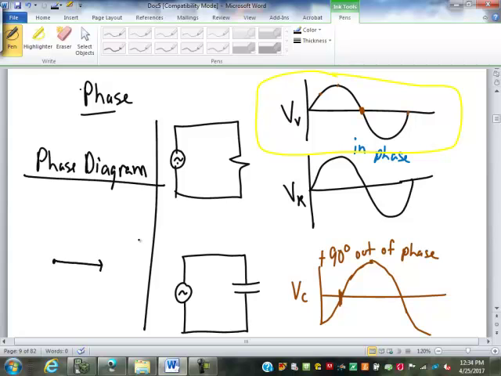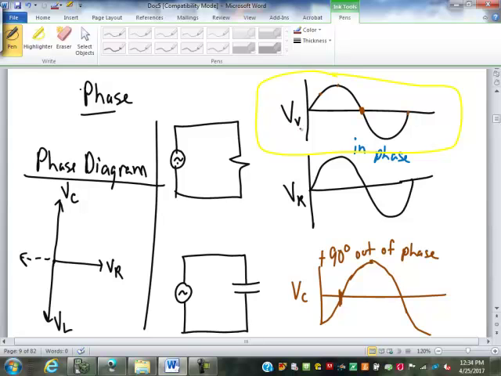Your voltage or current across the resistor is at 0 degrees. The voltage or current across the capacitor is 90 degrees afterwards. The voltage across an inductor is 90 degrees before. So it's 90 degrees ahead of the resistance. And of course, there's nothing over here.